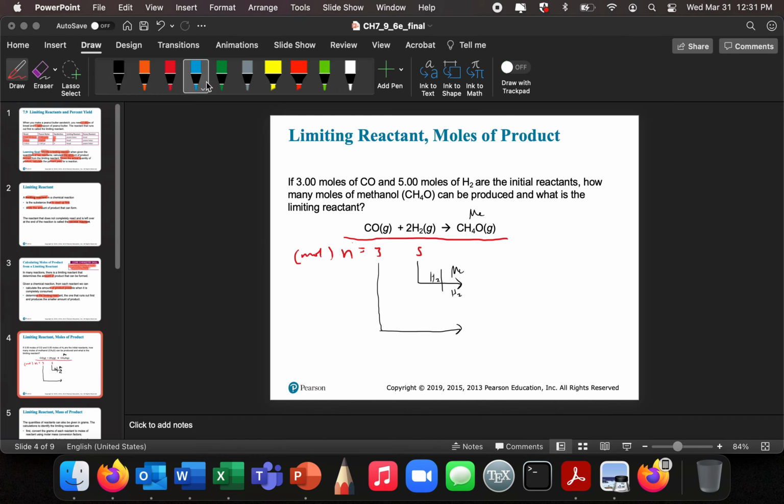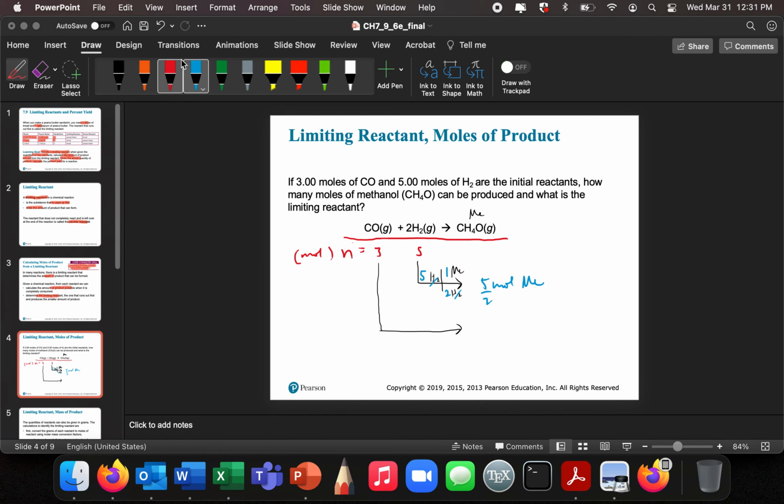So it looks like I've got 2 moles of hydrogen for every 1 mole of methanol, and I got 5 moles starting out, so my hydrogens cross off, and this is going to give me 5 halves moles of methanol.